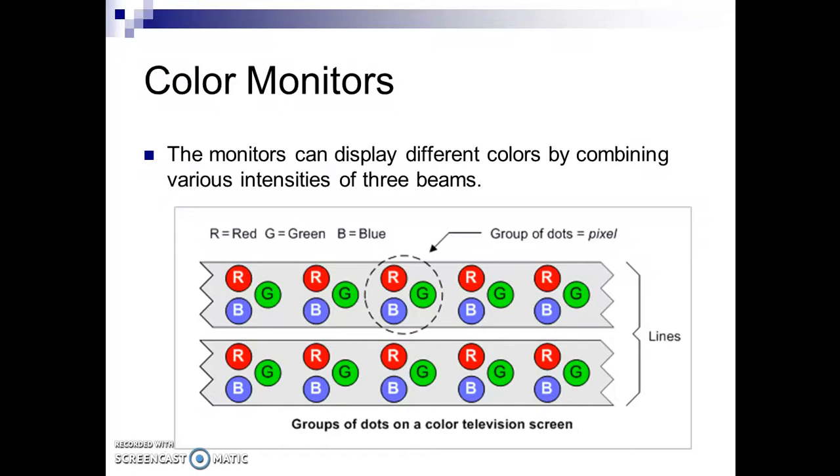So we can see a phosphor dot for red, one for green, and one for blue. And so each one of the pixels is represented by 3 phosphor dots. So this group is 1 pixel. And the electron guns are so accurate they can hit their own specific phosphor dot.